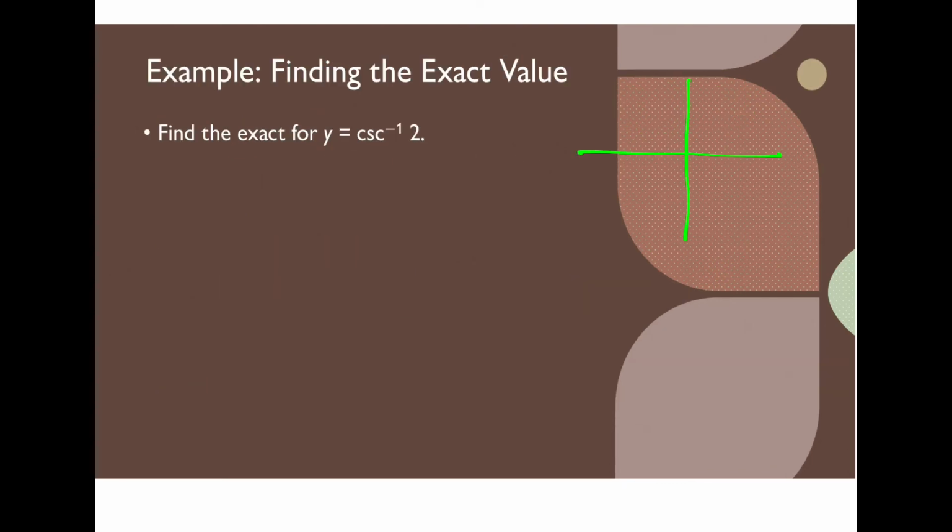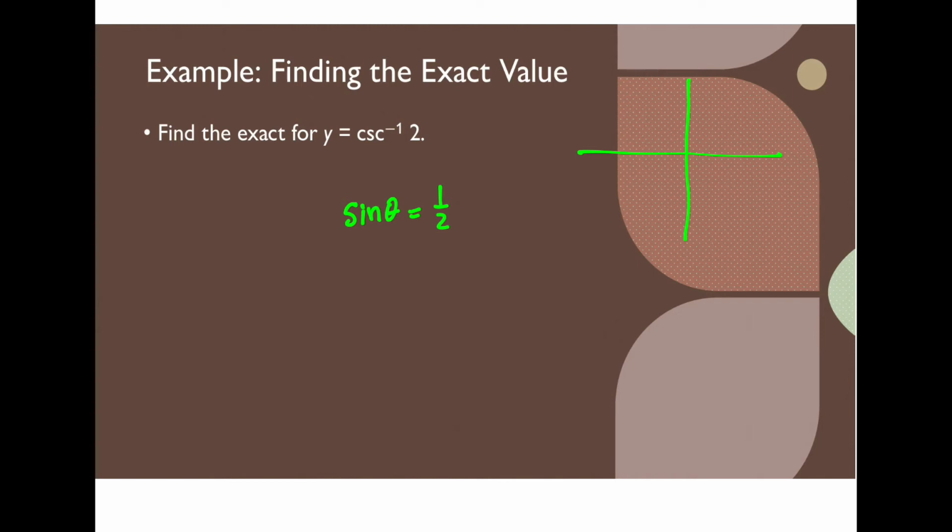So I'm finding the arc cosecant, or the inverse cosecant, of 2. I always like to relate it back to what the reciprocal function would be, right? And for cosecant being 2, that would be the equivalent of sine of theta, of our angle, being 1/2. With sine of our angle being 1/2, the reciprocal of that would be 2/1.